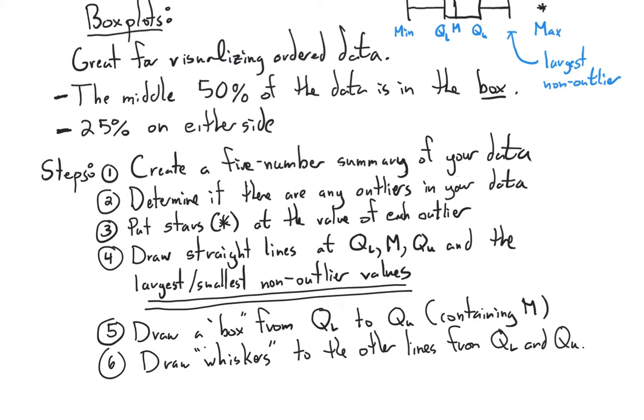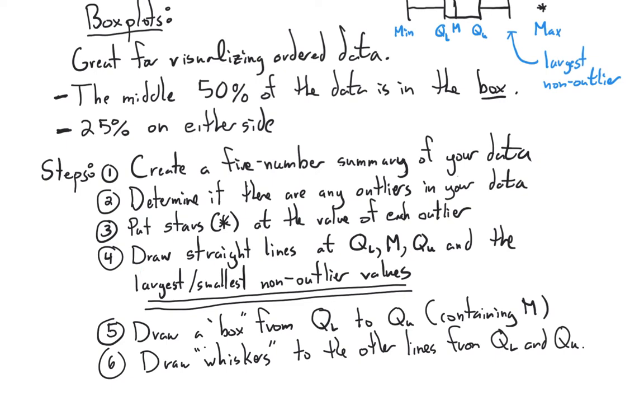So a quick read of the steps here. The first thing you want to do is create a 5-number summary of your data. We talked about how to do that in a previous video. Then determine if there are any outliers in our data. We talked about that on the previous slide. So we have to calculate the interquartile range and then find if any points are 1.5 interquartile ranges more extreme than the upper and lower quartiles. If there are any outliers, put little stars on the graph that represent them.